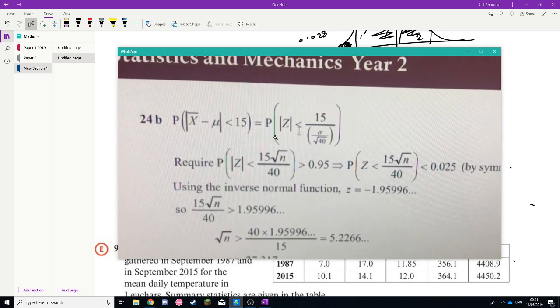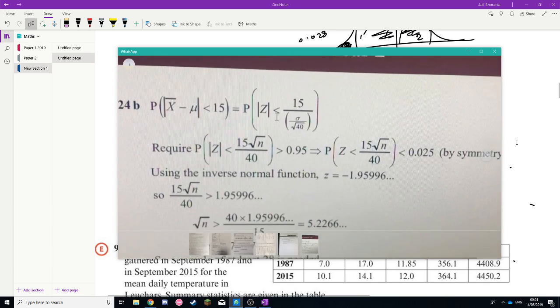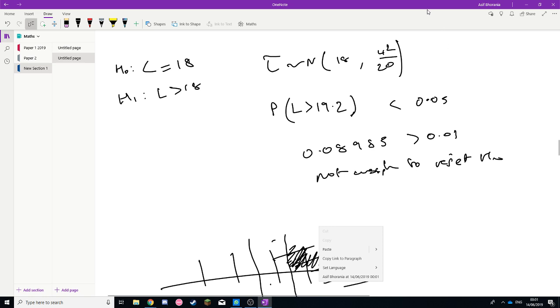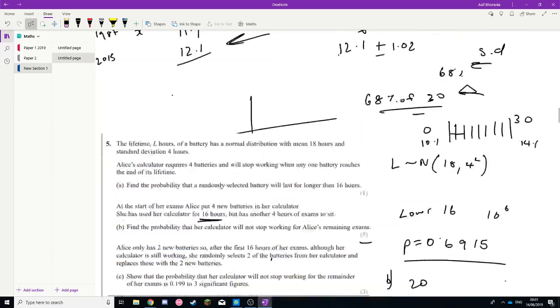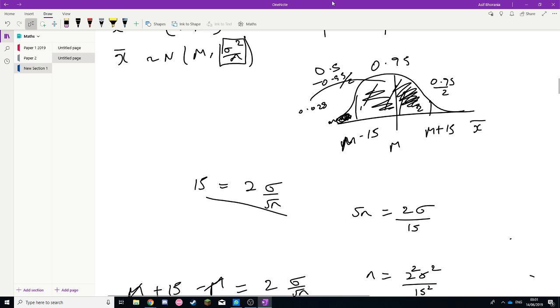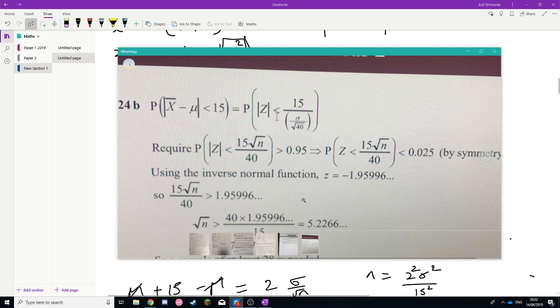I'm not too sure what they're doing here, but I think this gives you the same answer. Let me check. It's a typo. Yeah, I get 28 though, so that's right, right?